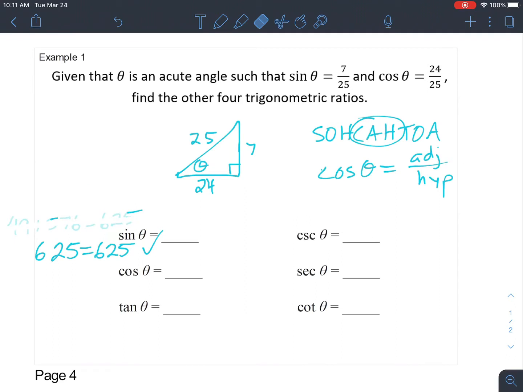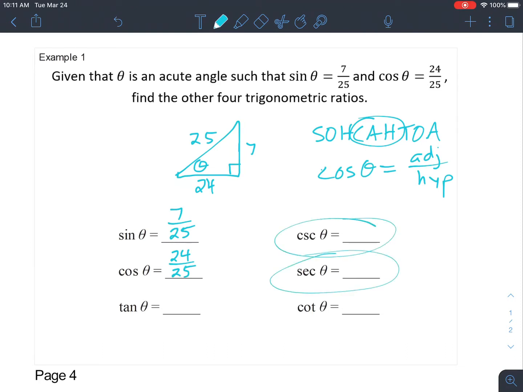Now that we've done that, we can go ahead and find these trig ratios. We were already given that sine was going to be 7 over 25. That's easy. We were already given that cosine was 24 over 25. That one is easy. So then it won't be an issue trying to find cosecant and secant, because remember, those are the reciprocals of sine and cosine respectively.